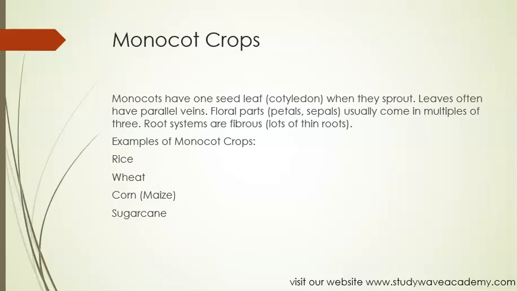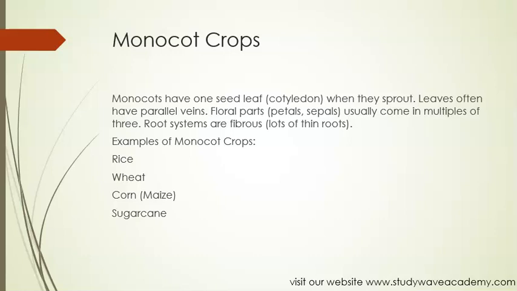Another example of monocot crops: wheat. Wheat is used to make bread and is also a monocot crop. It starts with one seed leaf. Corn. The corn we enjoy at the dinner table is another monocot crop.